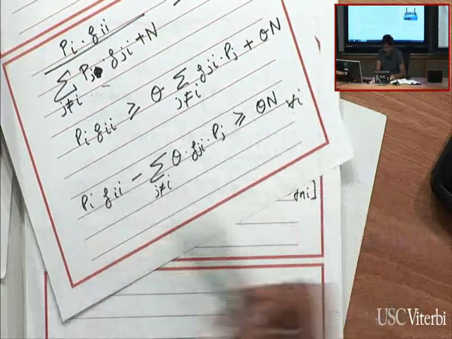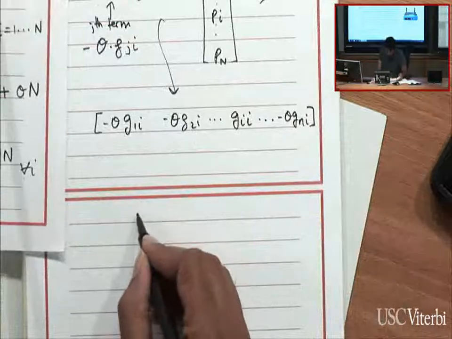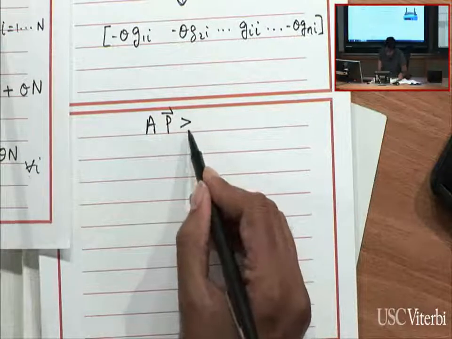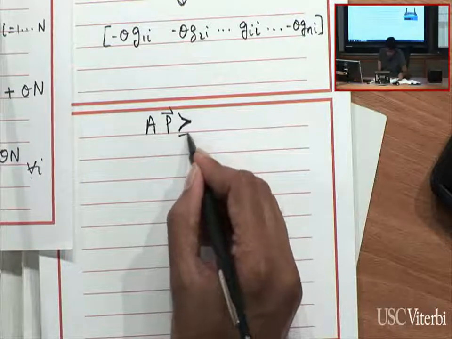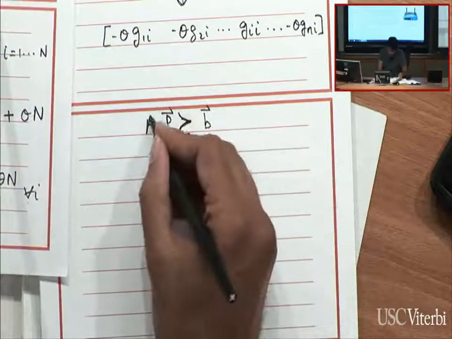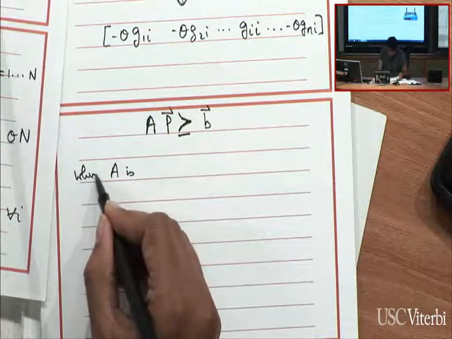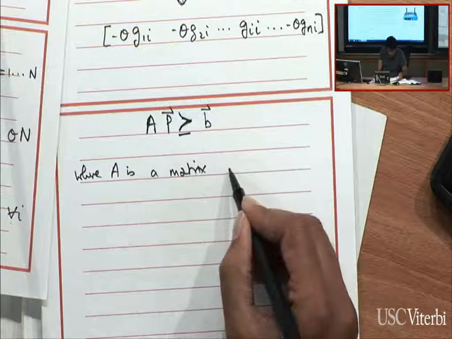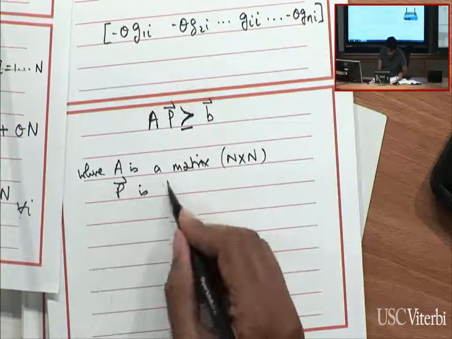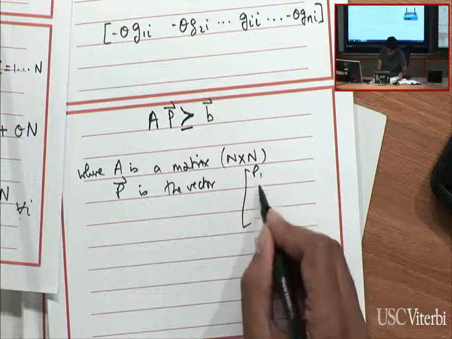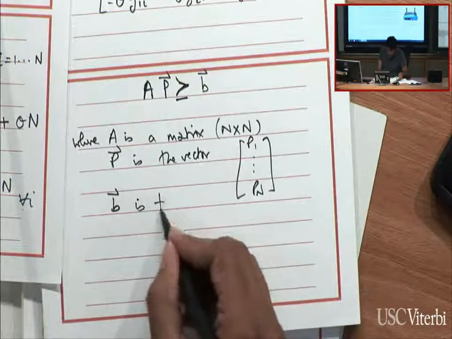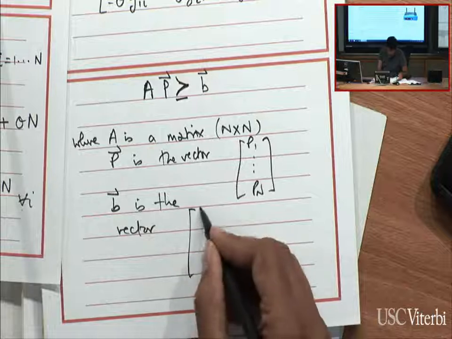So I can take these n inequalities and express them in the form of a matrix inequality that looks as follows, element-wise bigger than a vector we're going to call B. So A is a matrix of size n by n, P is the vector P1 through Pn, and B is the vector that simply has theta n in every entry.